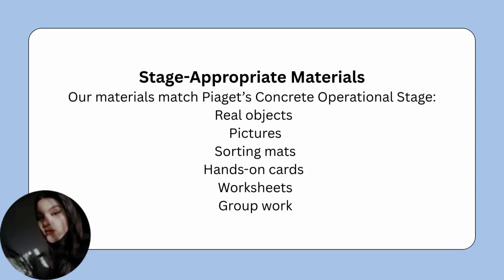And just to sum up what we see already in the concrete operational stage, we have the real objects. The teacher shows pictures. I give the sorting mats, hands-on cards, worksheets, and encourage the group work, or the social work in the group.